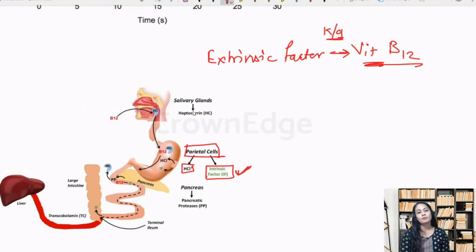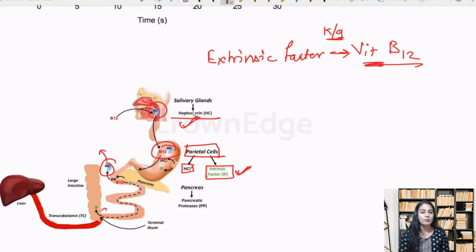So vitamin B12 is like a small child. It requires protection. So in the salivary gland, digestion should not happen over there. Enzymes are present in the mouth also, so haptocorrin is going to protect it. Then in the gastric acid also, the haptocorrin is going to protect it. Later on, whenever it comes to the intestine, that is the duodenum, this haptocorrin detaches from the vitamin B12, but it still requires protection, right?